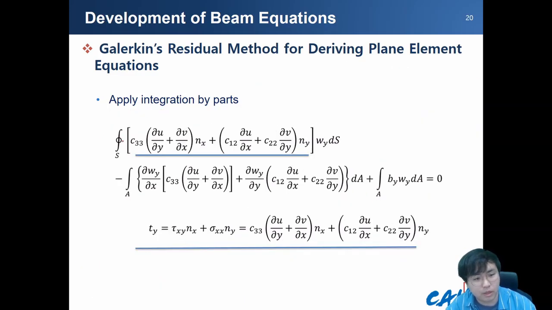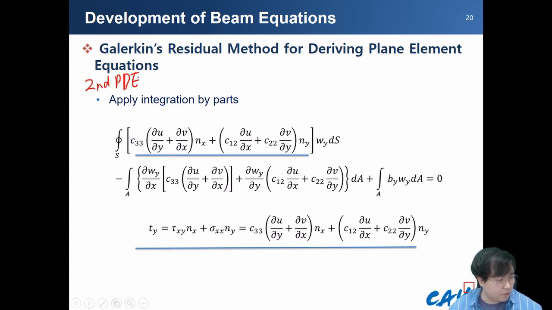Similarly, for the second equation, the second partial differential equation can also be treated with integration by parts, so we obtain a similar relationship.